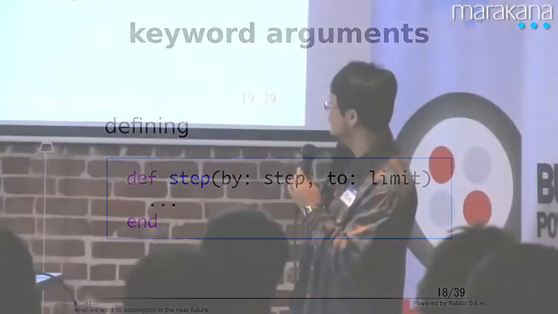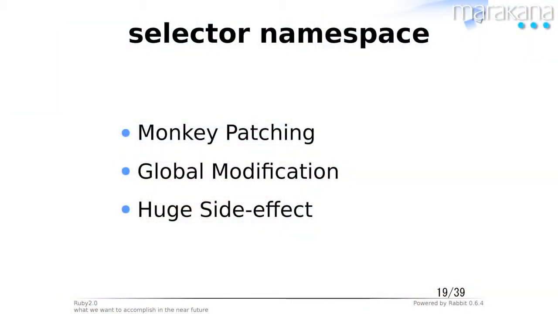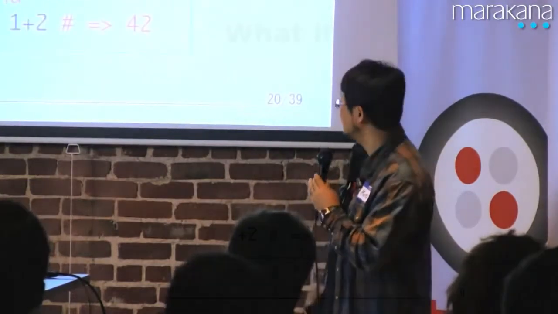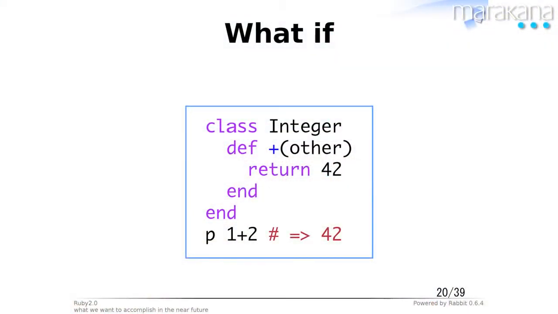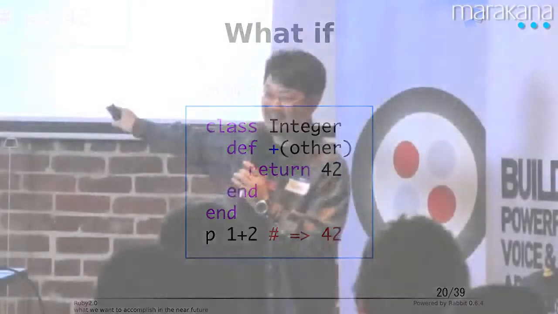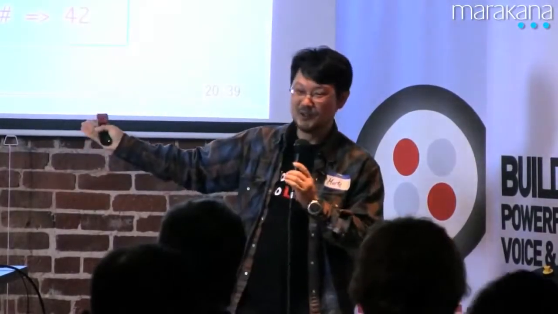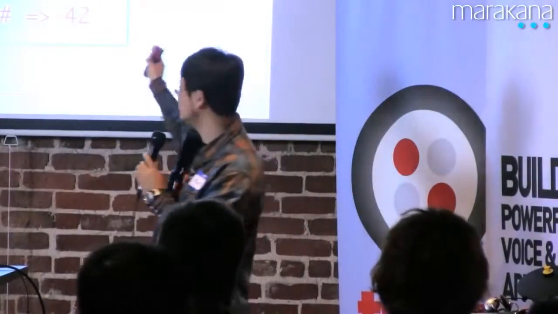Selector namespaces. You do know monkey patching. In Ruby, you can modify an existing class and then replace a method or remove a method. So it's a global modification, and it could have a huge impact on existing programs, like this. If you replace Integer plus, 1 plus 2 makes 42. Whatever numbers you add, you get 42. 1 plus 2 makes 42. 3 plus 3 makes 42.